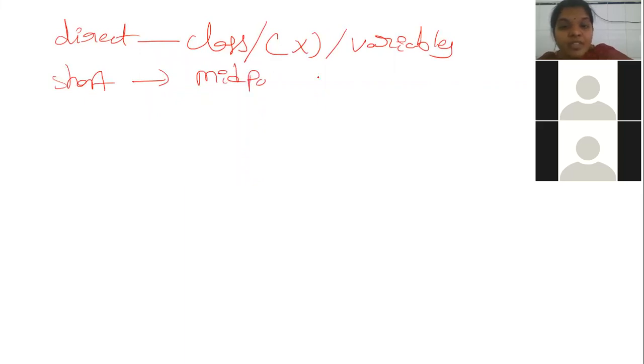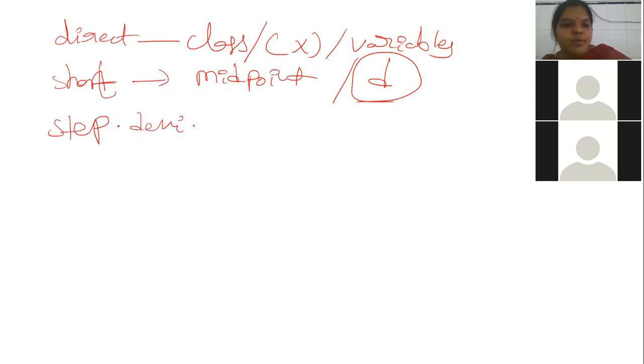And one more difference is we are calculating small d, right, in the case of shortcut. And one more important thing, we have the step deviation method. See ma'am, while doing it is very easy, but after completing the whole arithmetic mean, it may cause some confusion. So you need to write very clearly. You have to mention it in your notebooks. See here, this is the way to calculate the direct method. This is the way of using the shortcut method, and the final one is the step deviation method.